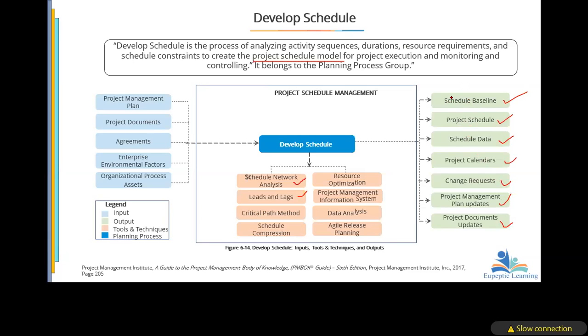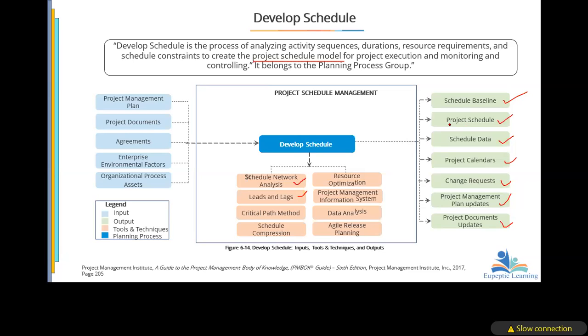The baseline is more of a certain yardstick as far as the schedule is concerned, by which we are going to be measured. And this one is more or less a detailed one, telling us exactly what is involved within the project schedule.